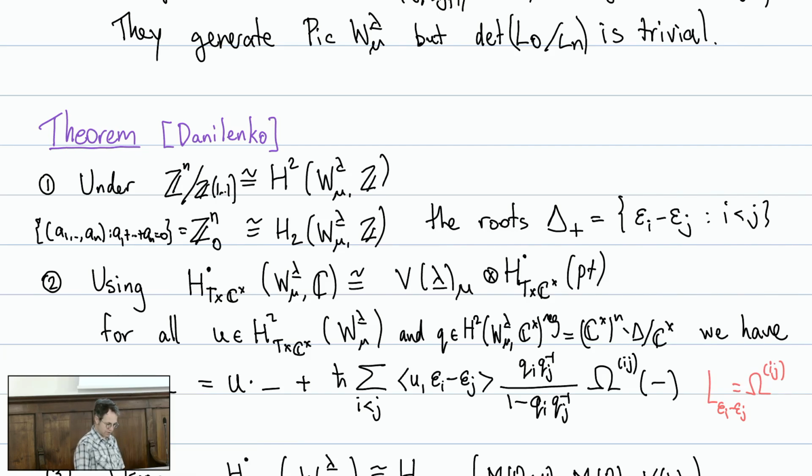So the vector space appearing here is a tensor product. By definition, it's this V lambda. I'm using the convention from now on that V lambda underline means V lambda 1 tensor through V lambda n.